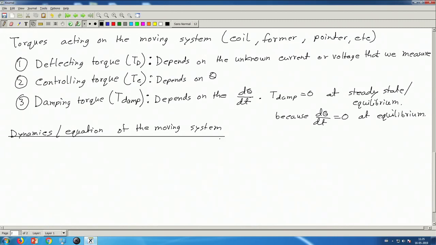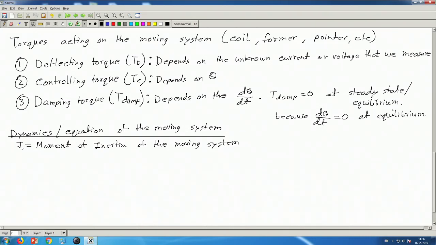Suppose we denote by the symbol J the moment of inertia of the moving system. That means, coil plus pointer plus the frame, everything together which moves together. So this J, moment of inertia, is something like the mass inertia for angular motion.